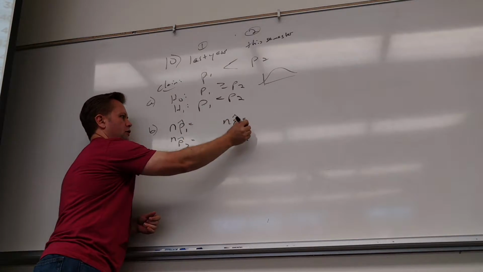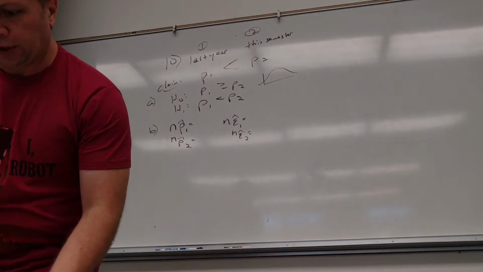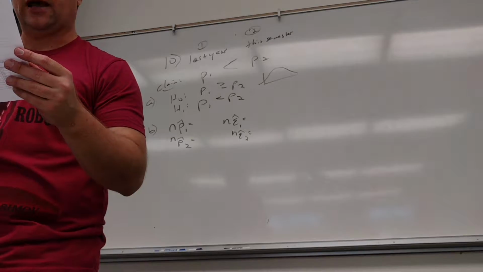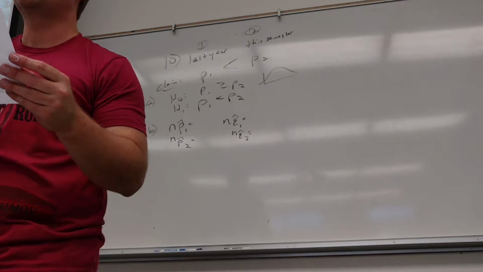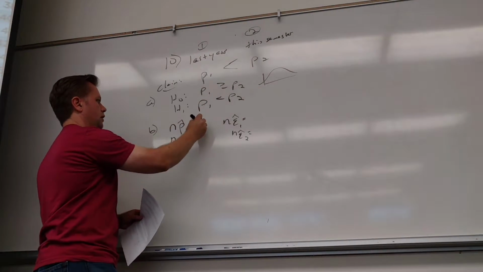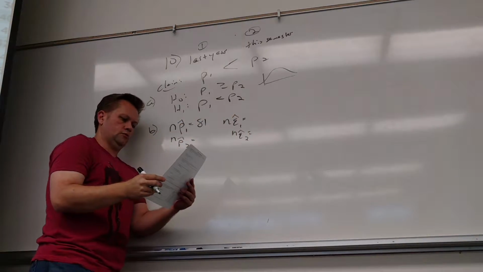How many successes from last year? 81. This is last year's one, so that would be 81 successes from last year. So how many failures from last year? A lot.